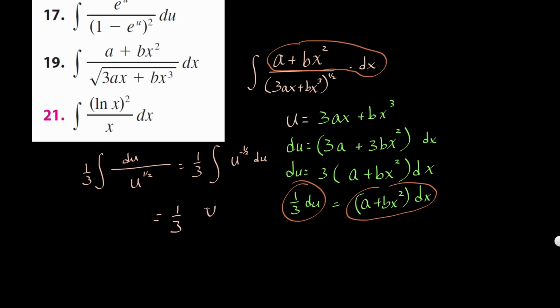You add 1, it's 1/2, divided by 1/2, which is like multiplying by 2, plus c. So it's 2/3, and then we plug u back in. u was 3ax plus bx cubed, everything square root, plus c.